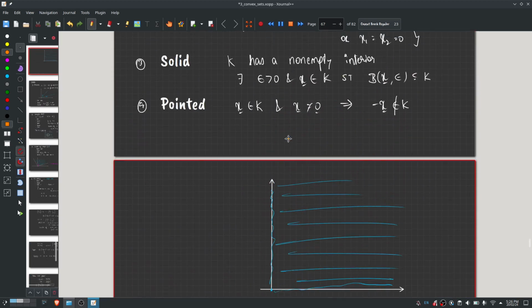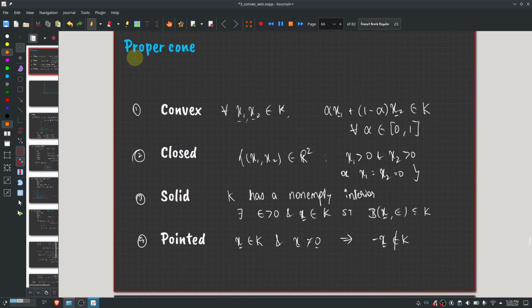And try to construct examples of cones wherein 3 of the properties are satisfied, but maybe 1 is not satisfied. Right? Try to think of examples of cones which are convex, closed, and solid but not pointed, non-convex but closed, solid, and pointed, convex cones which are closed and pointed but not solid, and so on, right? Because that will help you build intuition for these different kinds of cones.